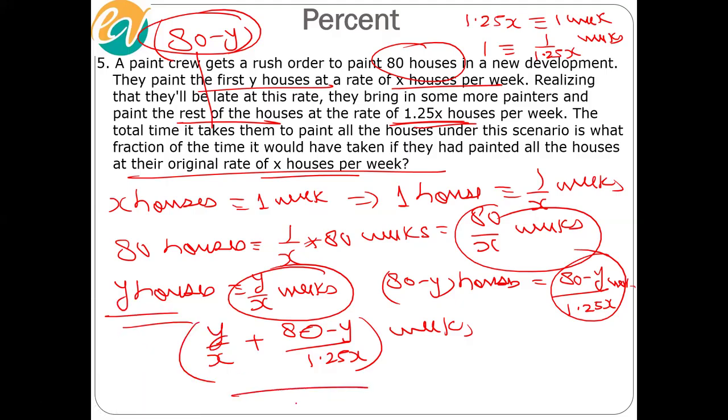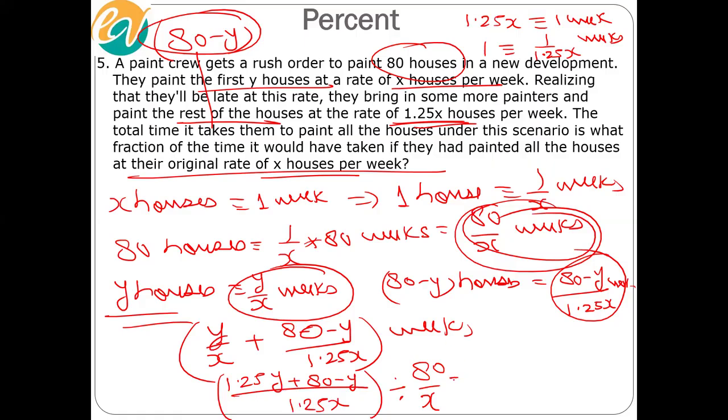So we can just take 1.25x as the LCM. So what do we get here? 1.25y plus 80 minus y, and we need to divide this by 80 by x.